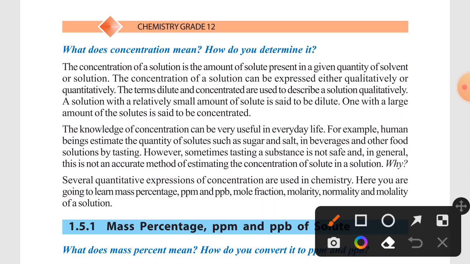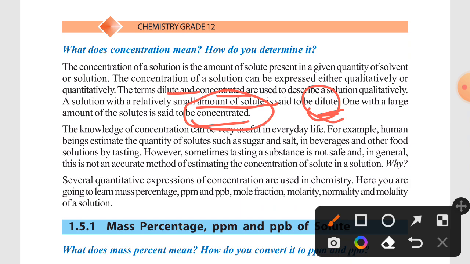A solution with a relatively small amount of solute is said to be dilute. One with a large amount of solute is said to be concentrated.